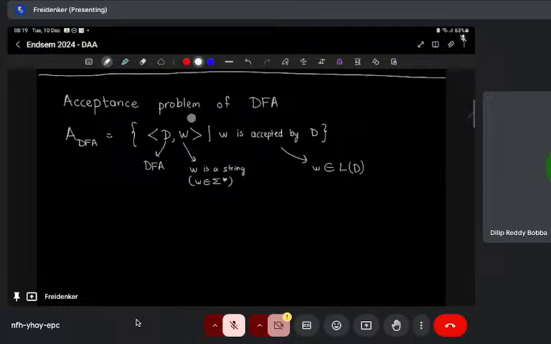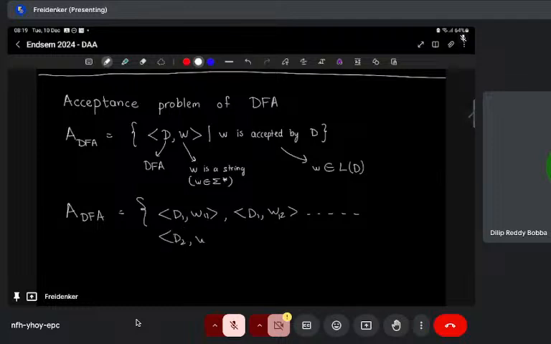So what I'm saying is, if ADFA is there, you will have some tuples, right? You will have D1 comma W1, and you can have the same machine, and then you can have D2 comma W2. All of this is fine. How can this be a language?